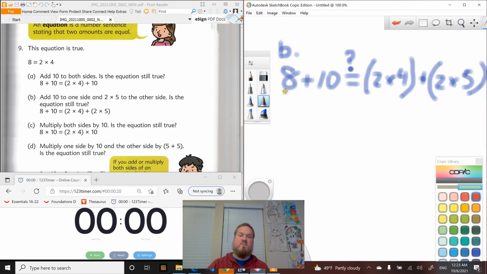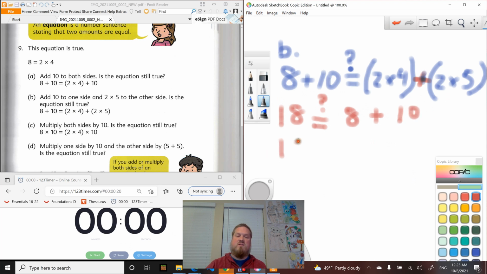All right. We're going to do both sides of the equation and see if it's still equal. 8 plus 10, what's that? 18. And is it equal? Okay, we have to do the two expressions separately first, and then add them together. 2 times 4 is how much? 8. And we're going to add 2 times 5. What's 2 times 5? 10.